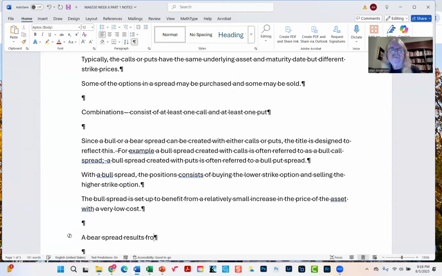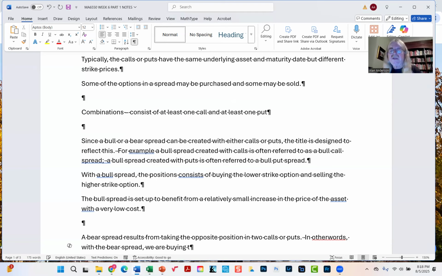results from taking the opposite position in calls or puts. In other words, with the bear spread, we are buying the high strike option and selling the low strike option.